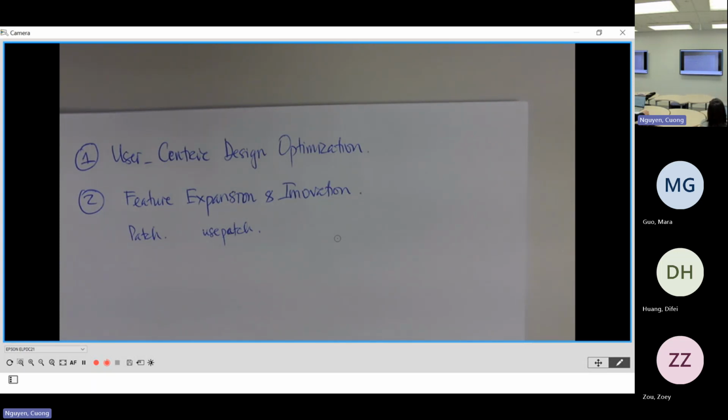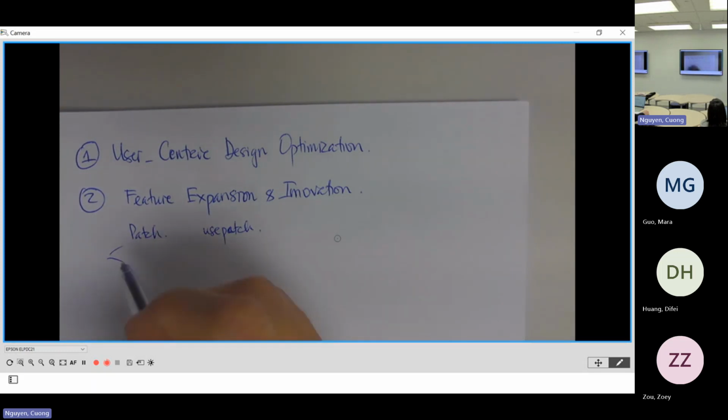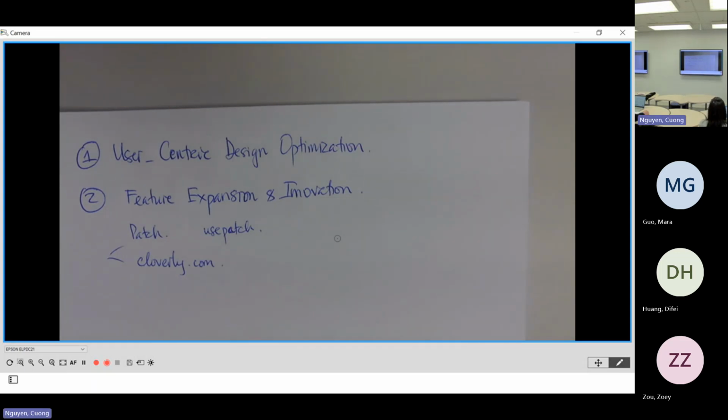Another carbon management company is Cloverly.com. You can see Cloverly.com.